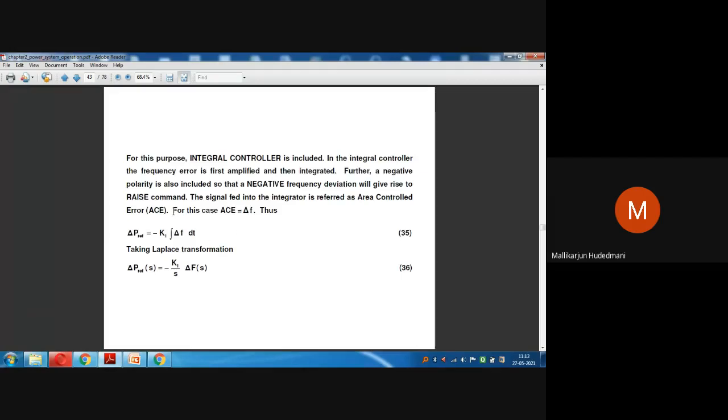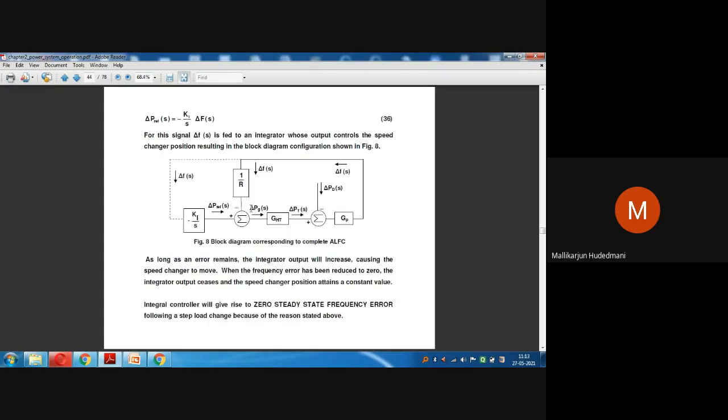So this is how the necessity of the integral controller came into the picture. From now onwards, whenever I speak of complete ALFC, it should have a primary closed loop with the R and a secondary closed loop with the integral controller. The next chapter will include complete ALFC, meaning the primary loop as well as the secondary loop.